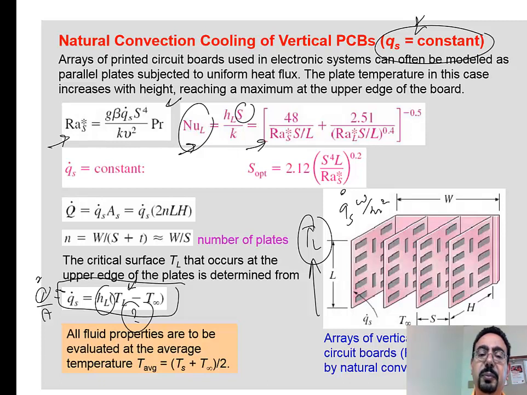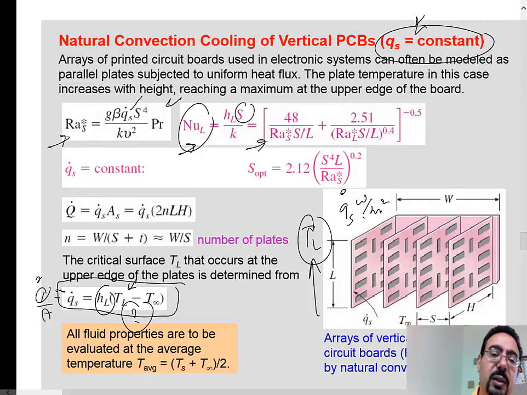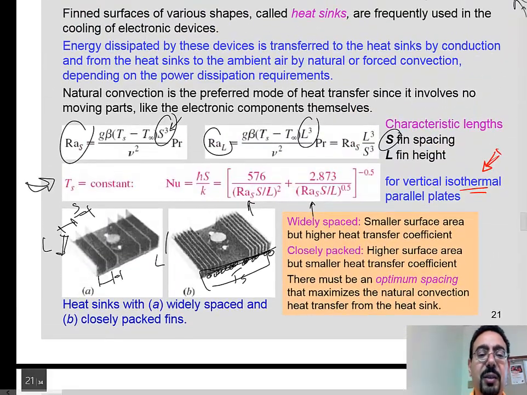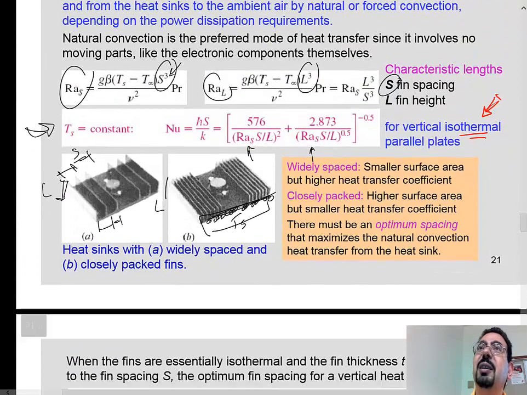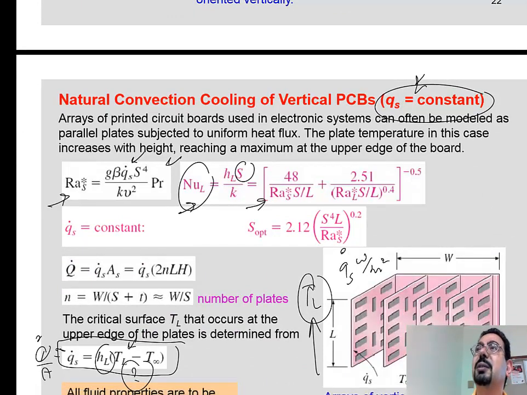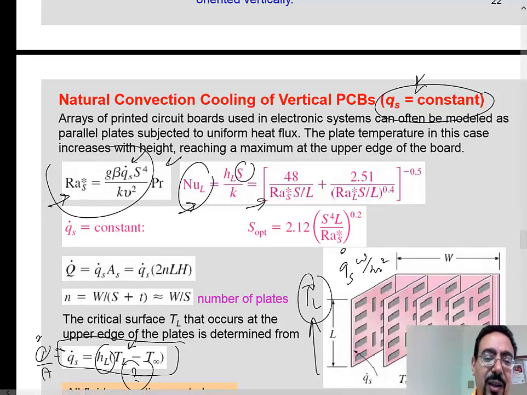So you would see that Rayleigh number is a function of TS minus T infinity. Here, we don't have TS. We don't know it. We are actually trying to solve for it. So it's a function of QS. Okay? So the procedure is, you calculate the Rayleigh number, you calculate the Nusselt number, and from that you calculate the H, and from the H you calculate the TL.